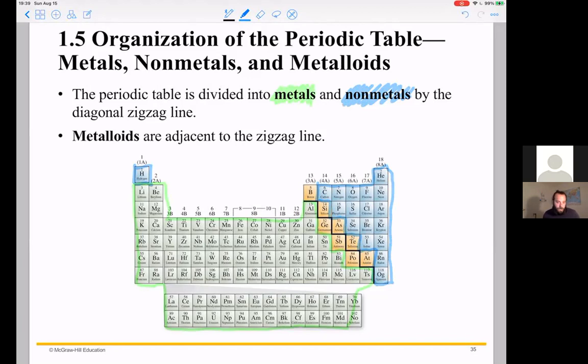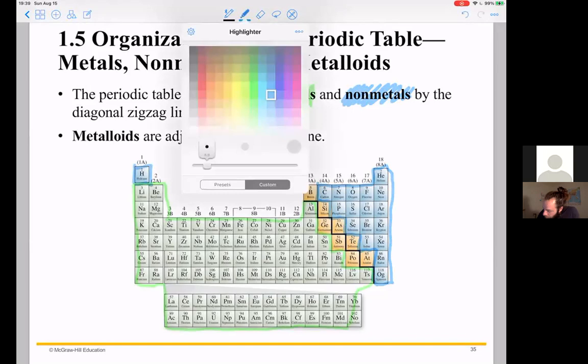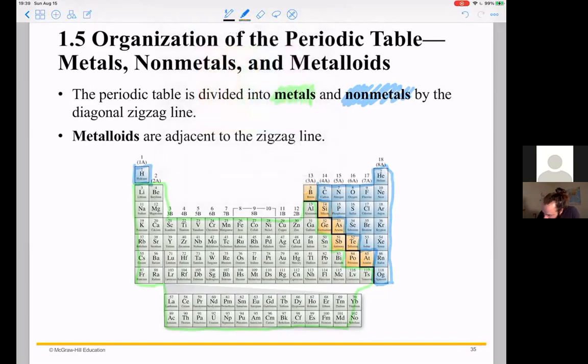So carbon and oxygen, those are in the non-metals section. And then in the middle, we have what are called the metalloids, and they sit on this zigzag here. They have properties of both metals and non-metals. So they're kind of this gray area between the two.